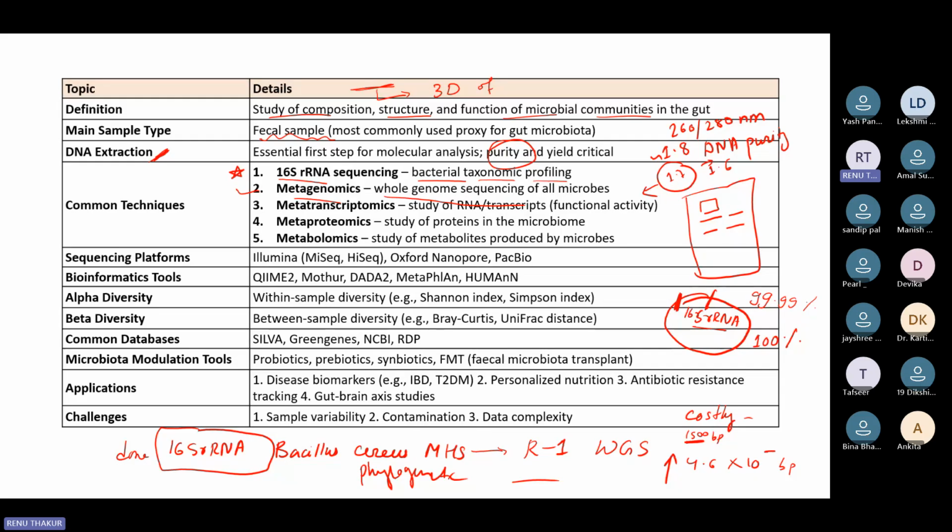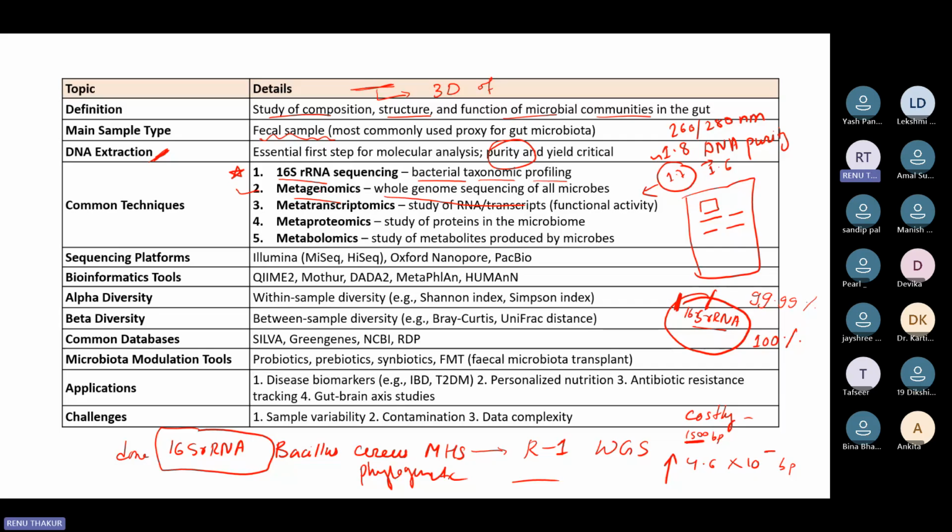You don't need to go for the unnecessary whole genome sequencing, because this doesn't make any sense. We are increasing the cost of our research, and no one will ask you to give the whole genome sequence of that particular organism you are working on. They will only ask that you provide the unique 16S rRNA sequencing and the phylogenetic tree.